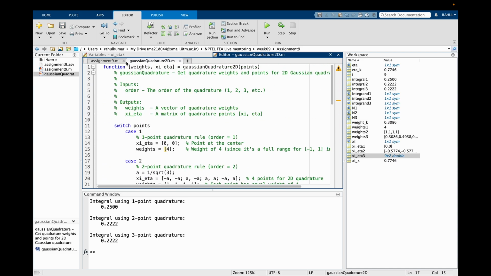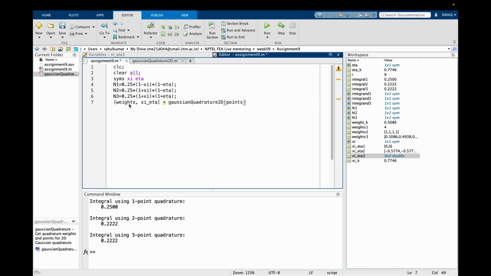So let's import this Gauss quadrature point, and suppose weights 1 and xi eta 1 is for 0.1, weights 2 and xi eta 2 is for 0.2, and weights 3 and xi eta 3 is for 0.3.